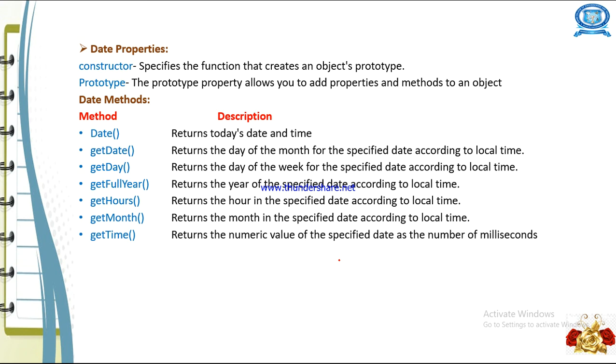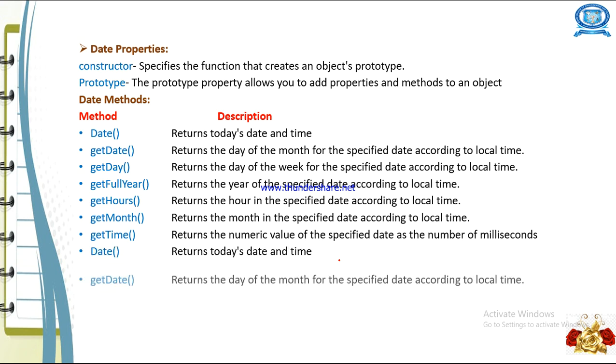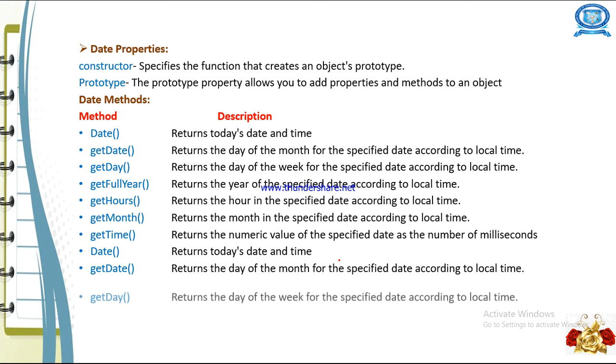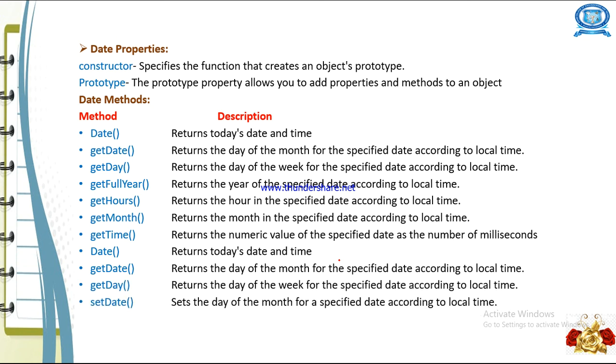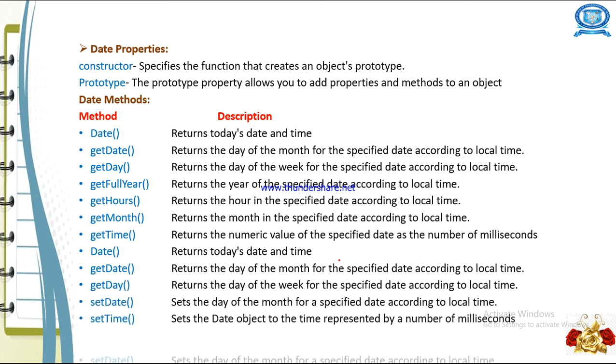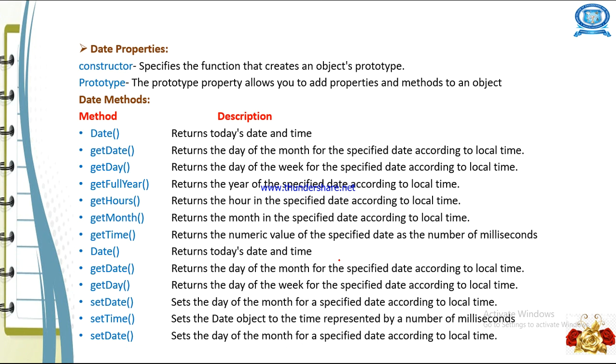Get time, get date, get day, set time, set date. These are some of the methods that are used, and there are a lot more methods for Date objects. Okay.